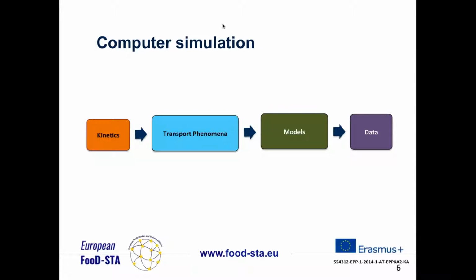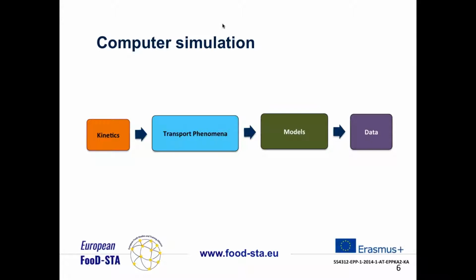Computer simulation requires knowledge on how microorganisms or enzymes degrade and how quality is destroyed, and there is an enormous amount of work on databases, especially for food safety aspects on kinetics. And then transport phenomena: heat transfer, mass transfer, fluid mechanics.